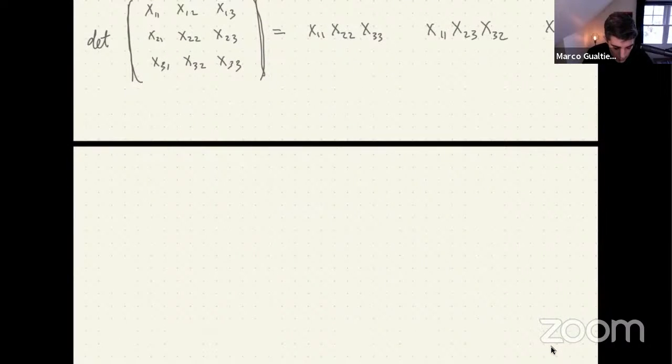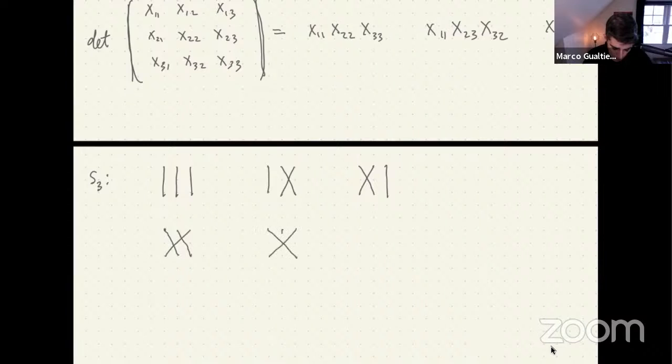So the elements of S3 are like this. Like this.